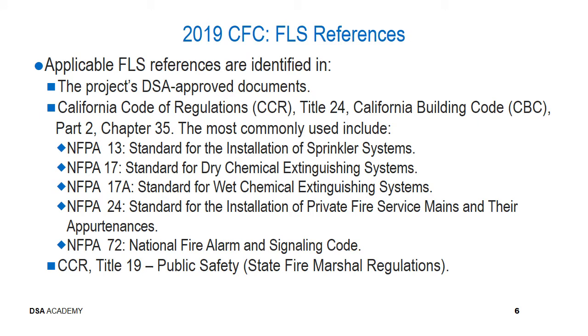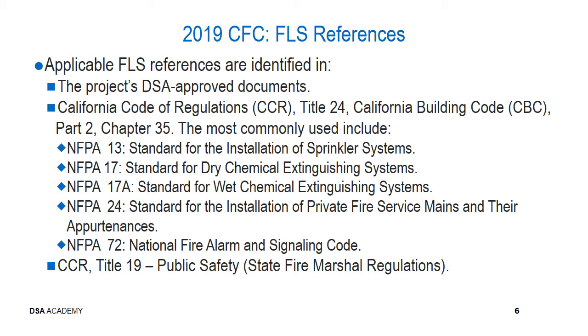Applicable fire and life safety references are identified in the project's DSA-approved documents, California Code of Regulations Title 24, California Building Code, also known as the CBC, Part 2, Chapter 35.